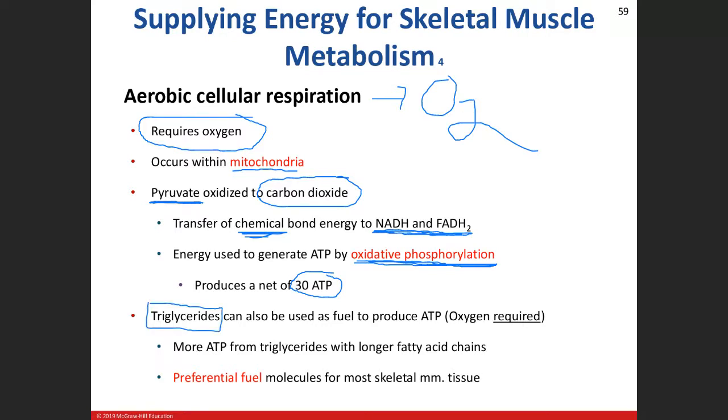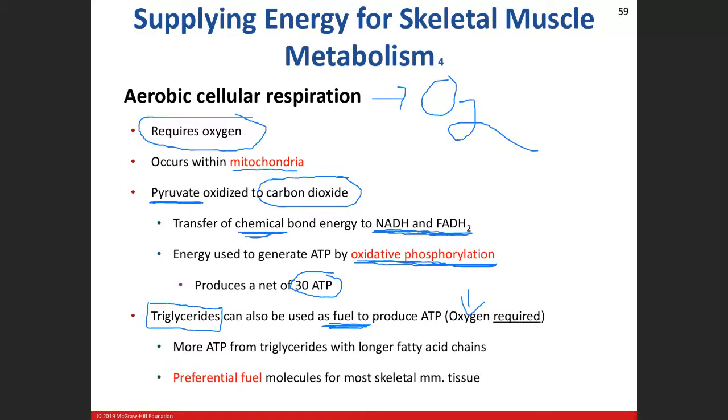Now, triglycerides, fats, remember fatty acids? Fatty acids are made up of a glycerol group with some fatty acid chains. Well, these triglycerides here are the preferential fuel choice. Fats are the best, the preferred fuel of choice. Again, we need oxygen for that.